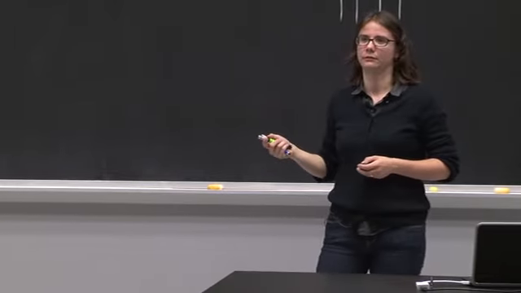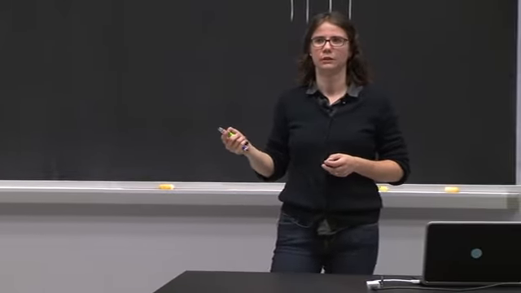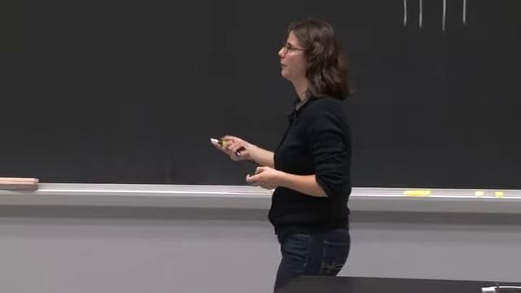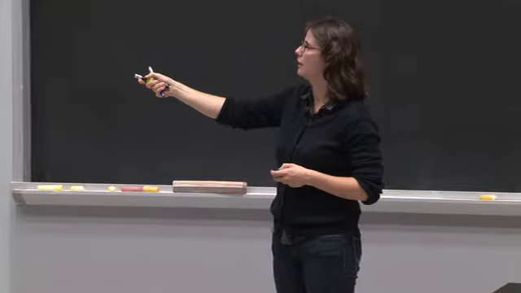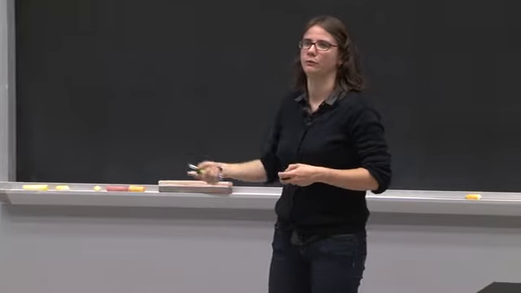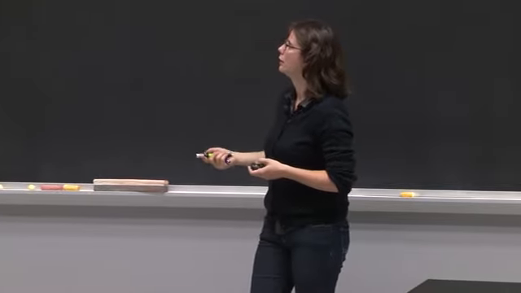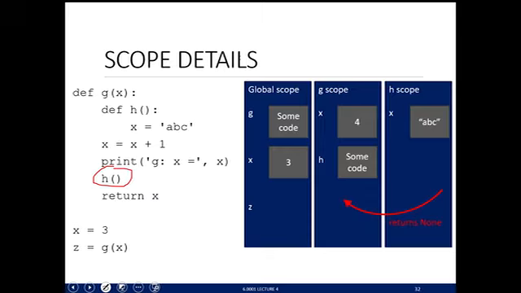What does it return? None. I heard murmuring, but I think none was what you guys were saying. Since there's no return statement, h is going to return None. So h returns None back to whoever called it, which was this code inside g.